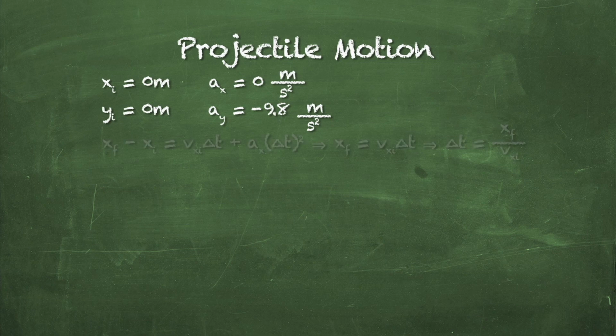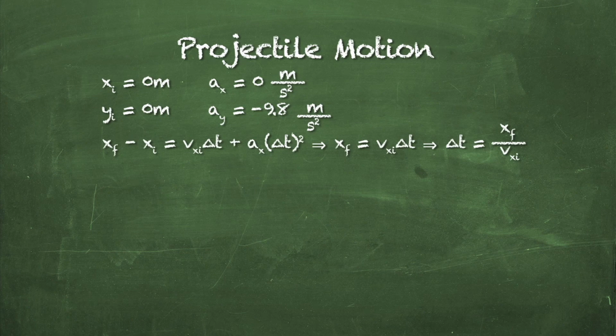Let's start with our x kinematic equation, specifically x final minus x initial equals Vx initial times the change in time, plus one half ax times the change in time squared. Putting in x initial is 0 and acceleration in the x direction is 0, that simplifies to x final equals Vx initial times the change in time, and we can solve that for the change in time equals x final divided by Vx initial.